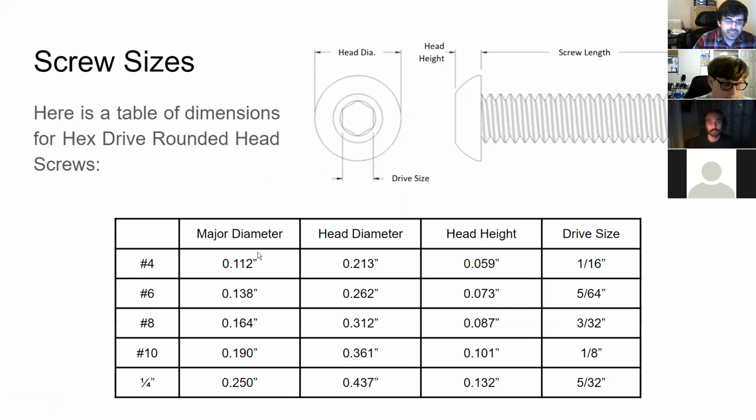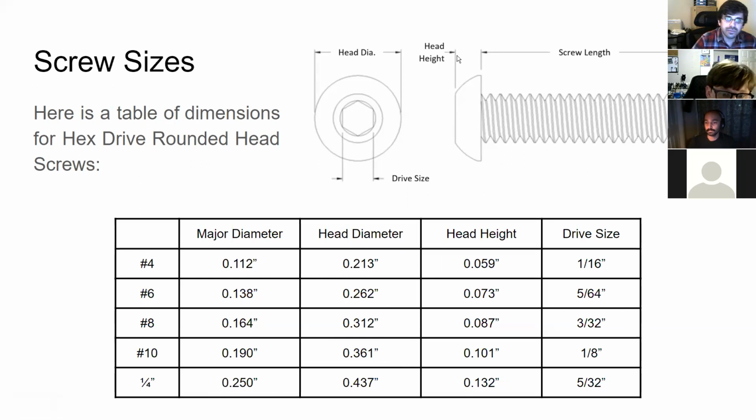So this table is showing what the outside, the major diameter of the threads is. The bigger the number, the bigger it is. The head diameter is going to be important for you to know. You don't need to memorize any of this stuff. You can always look it up, but know that you have to take it into account.